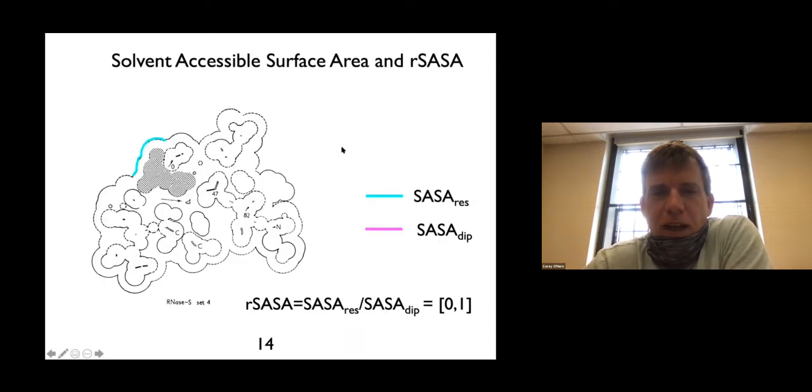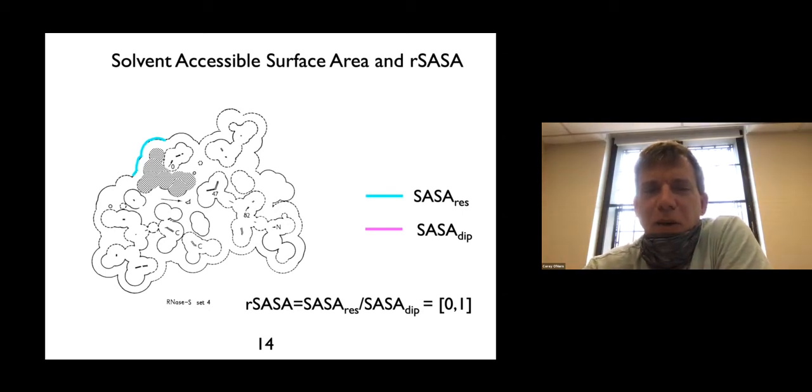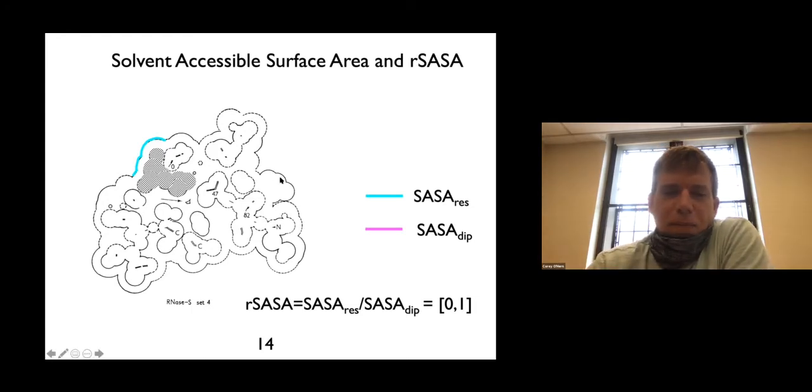So here's a schematic. It's not very good. It's in 2 dimensions. The weird shaped particles are representing amino acids in 2 dimensions. So I have different types of amino acids, and this glob here is supposed to represent the folded conformation of a protein. And what I'm doing here is trying to calculate the solvent accessible surface area.